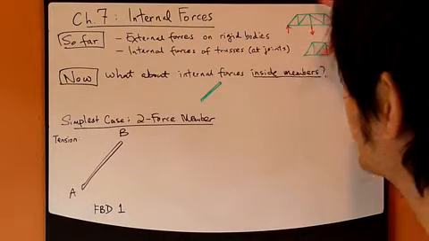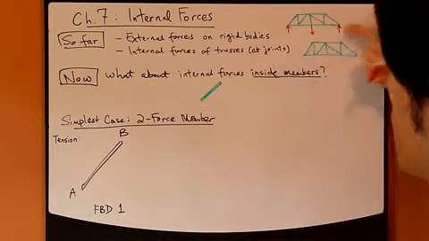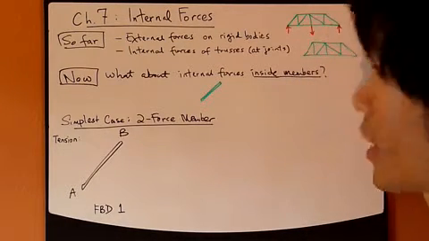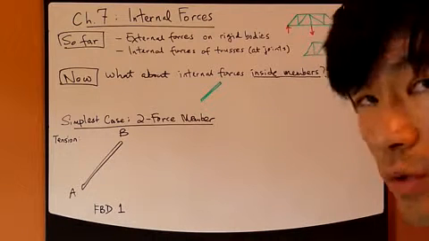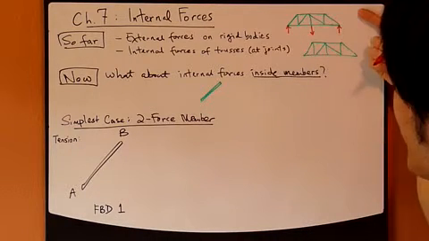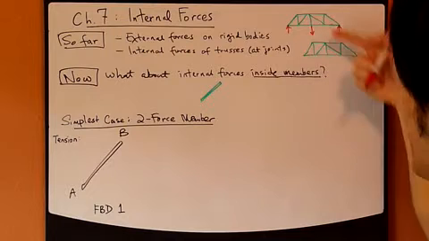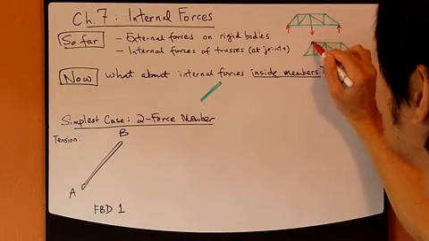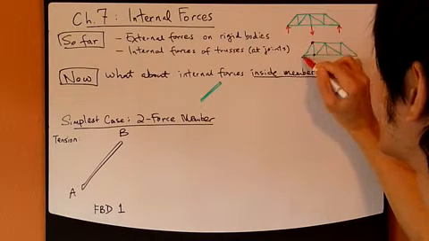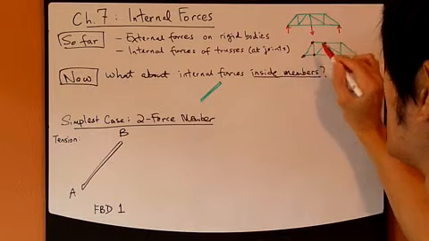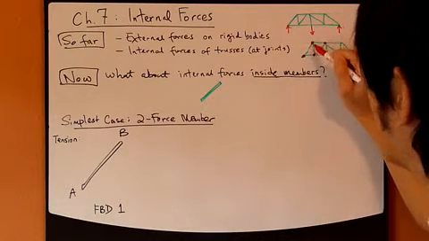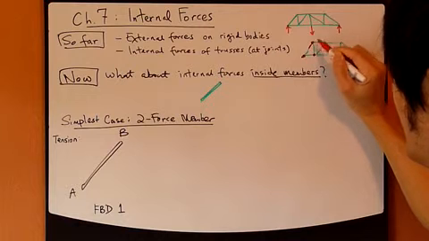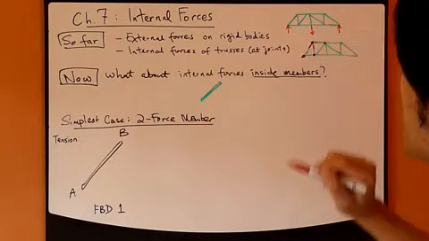So this is a free body diagram for the entire truss. And we also have looked at internal forces at joints. For example, in the same truss, each joint is subject to internal forces. Those forces come from this member and this member, for example.